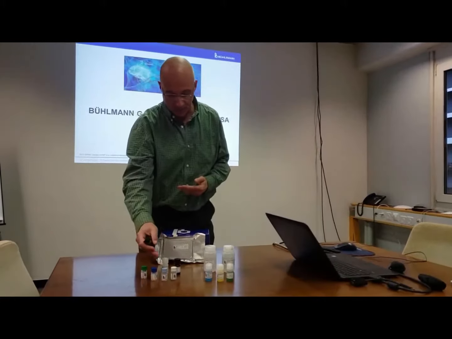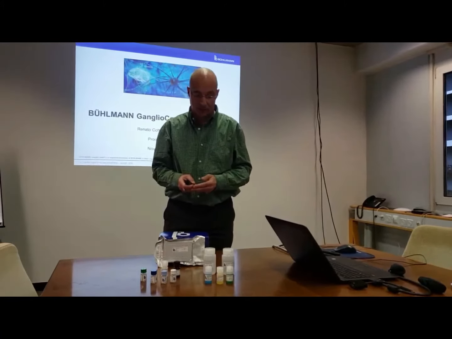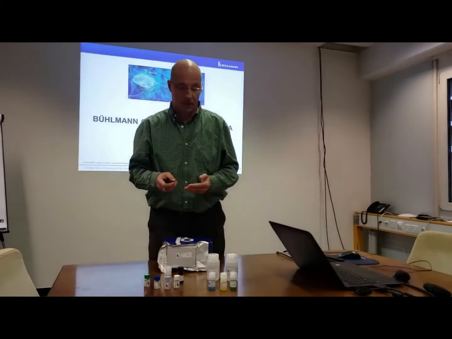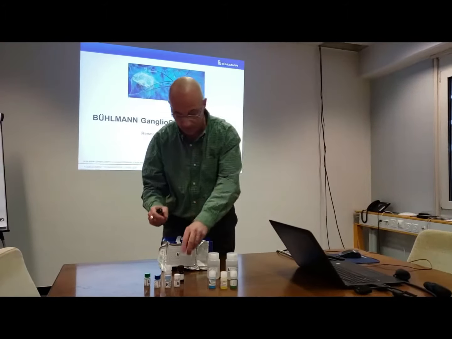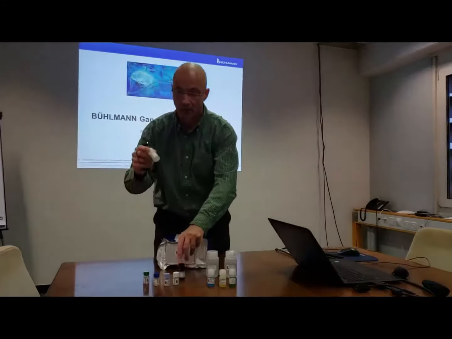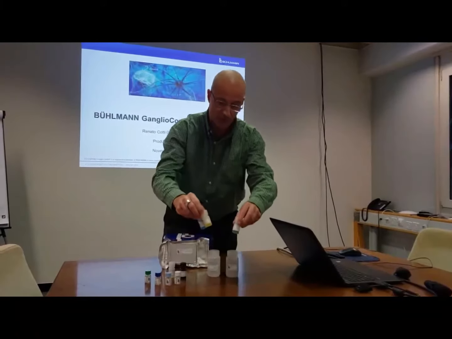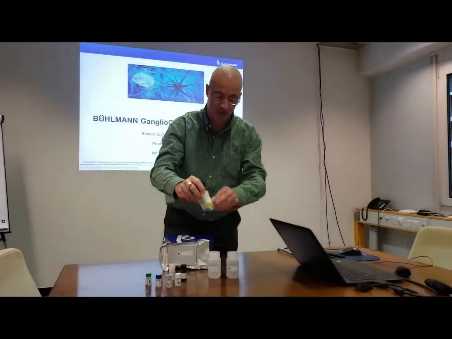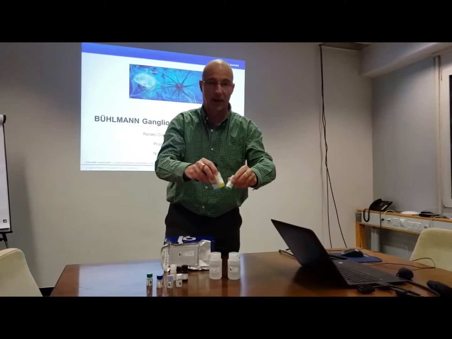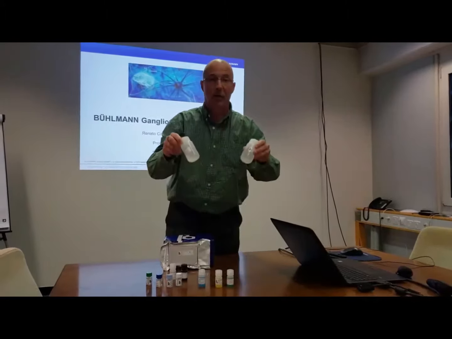These reagents are lyophilized and have to be reconstituted with buffer. All other reagents are ready to use: the substrate, stop solution, and 3 enzyme label conjugates, IgG, IgM, and IgG-M mix, and finally the wash buffer.